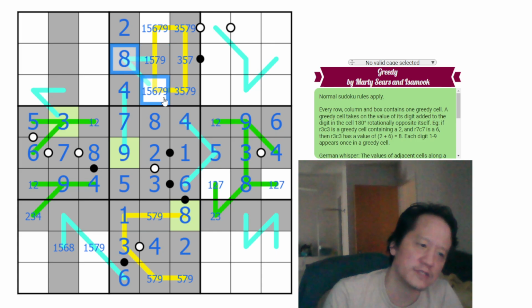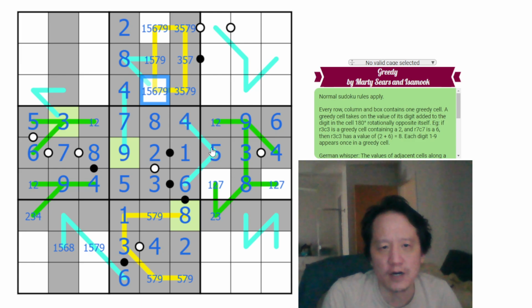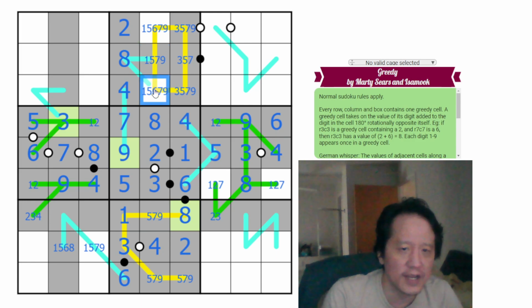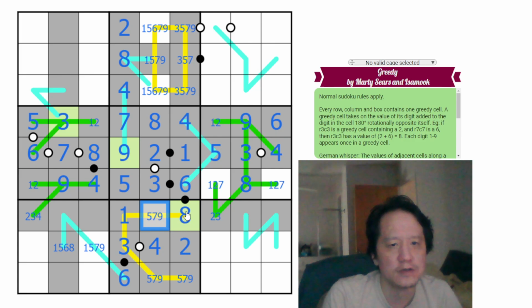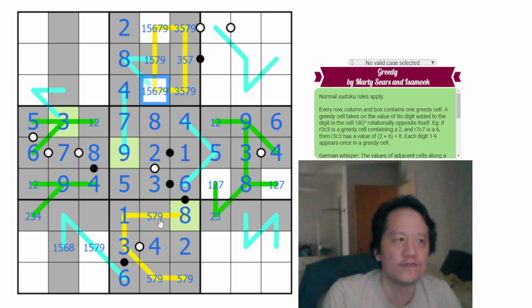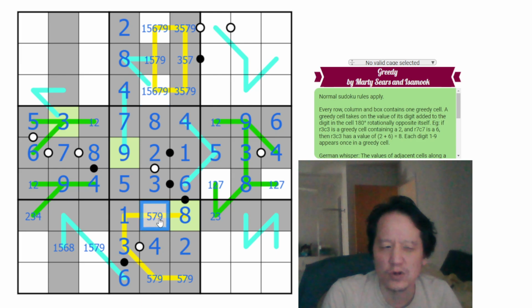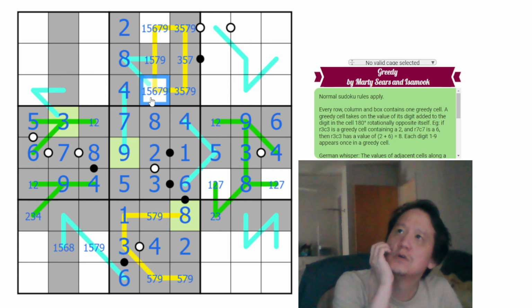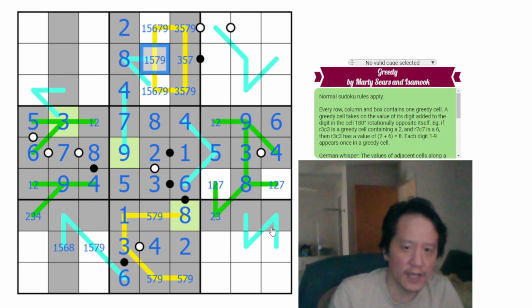That means the difference between this is an odd number, which means this has to be odd also. So because this is odd, if this was 1 or 5, it would have to be... So if it's 1, it has to be 6, and that's 9. If it's 5, it would have to be 6, and that's 5. And that doesn't work. Right. So this cannot be 5.